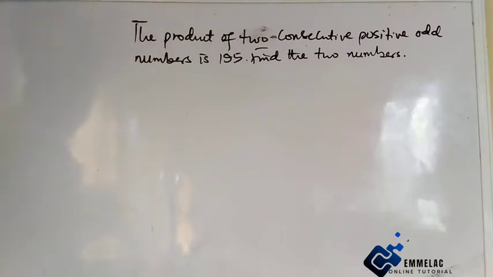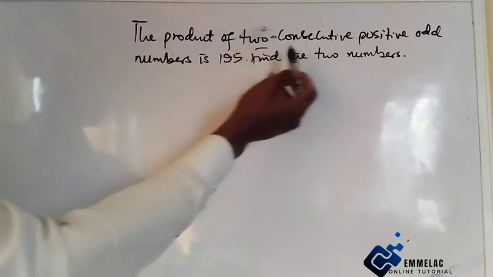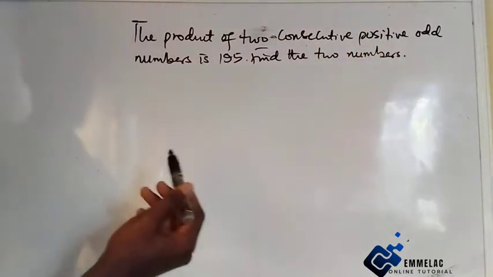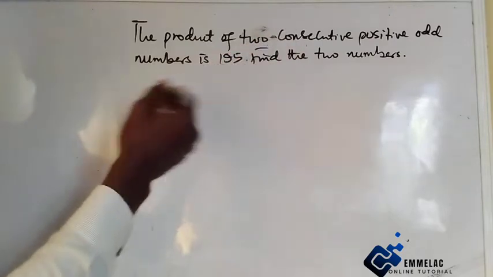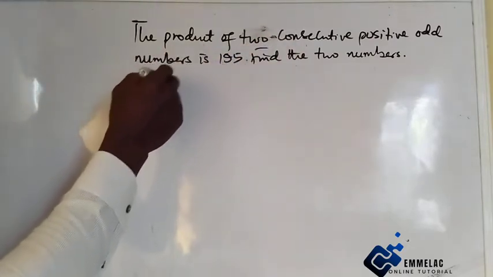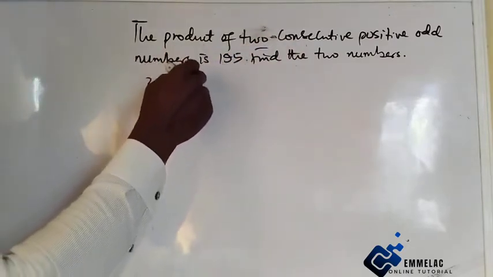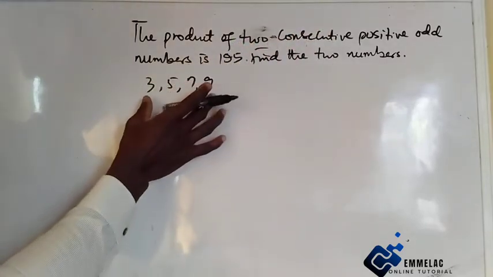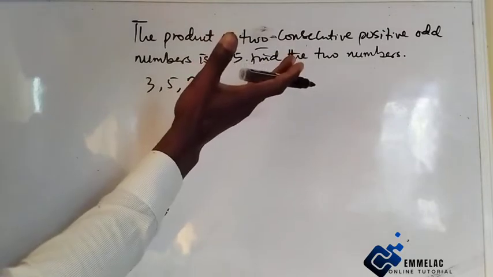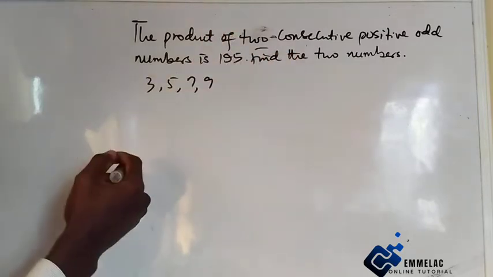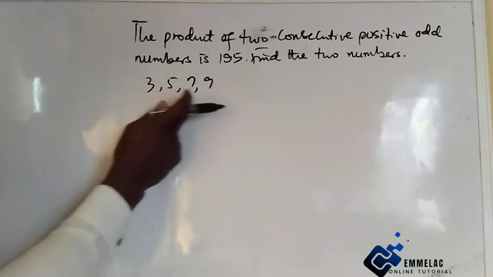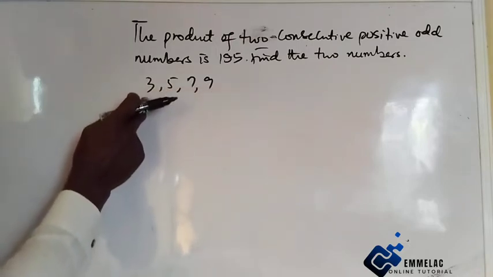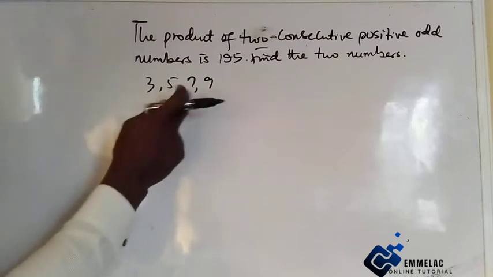Now first of all, we need to ascertain the two consecutive positive odd numbers. The odd numbers are, let me say, 3, 5, 7, 9, and so on. We don't know the two consecutive positive numbers, but you can see that the difference between them is 2.